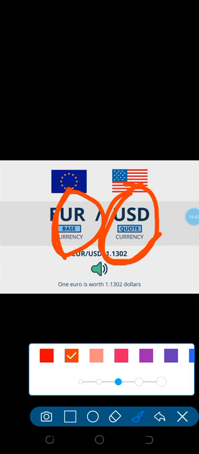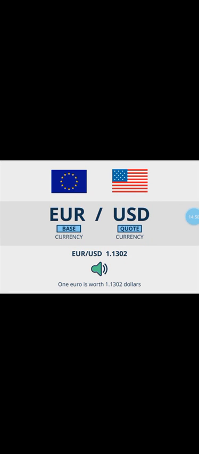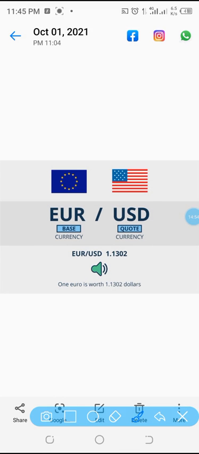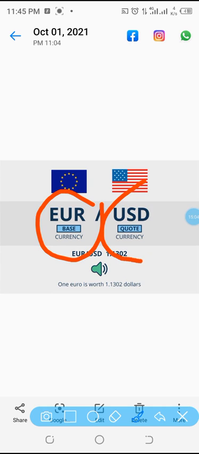Now the one that stays in the first place, that's why there's a slash here, this one here is called the base currency. The other one is called the quote currency, or some other people call it the counter, which is also correct.